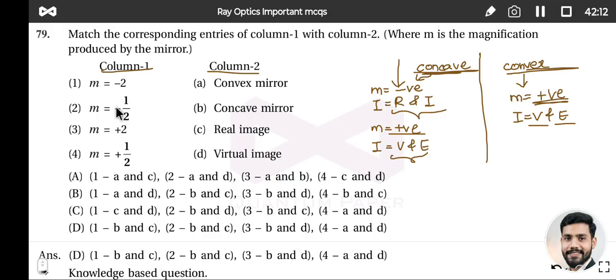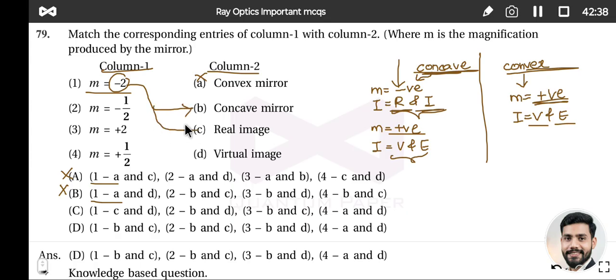The first magnification is negative, so convex mirror is never possible, so 1 will never come with A. So option A is wrong, B is also wrong because 1 is with A, that is not correct. For negative magnification, the image is real and inverted, so mirror is concave plus real image, so 1 with B and C. So option D is correct, C is also wrong.